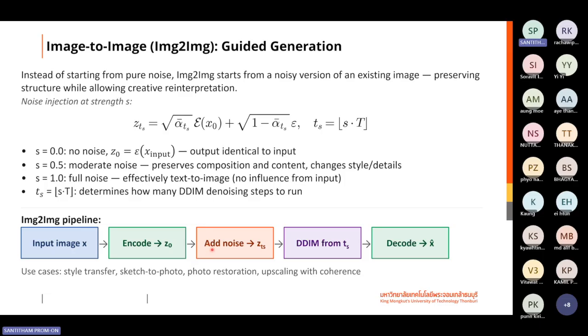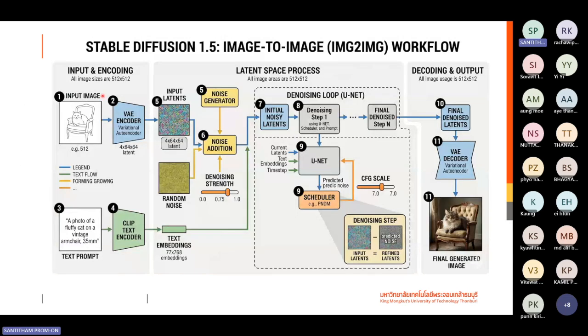Instead of having randomly generated noise, you get it from encoding, and then you can perform DDIM and generation afterward. So just look at this image to show you the workflow. The difference from the previous denoising step is that we have an input image instead of the input latent. Instead of coming from random value or sampling, it comes from the VAE encoder. Encode it down, and you have random noise.